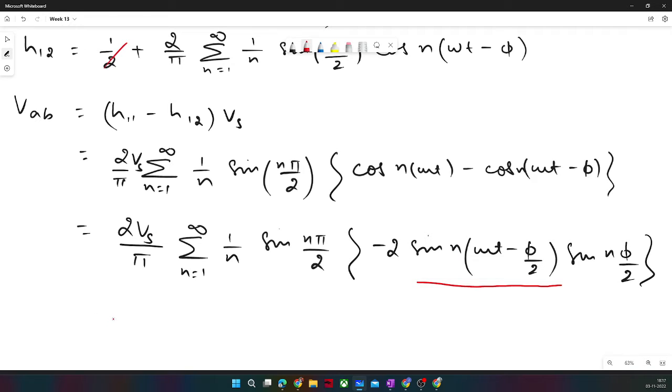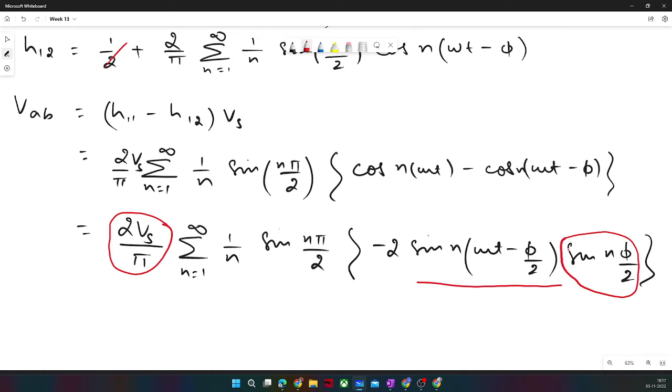Again, we can see here our magnitude is 2 Vs by pi. If you do it for a full single phase inverter where there is no shift of phi, then you will not get this term sine n phi by 2.